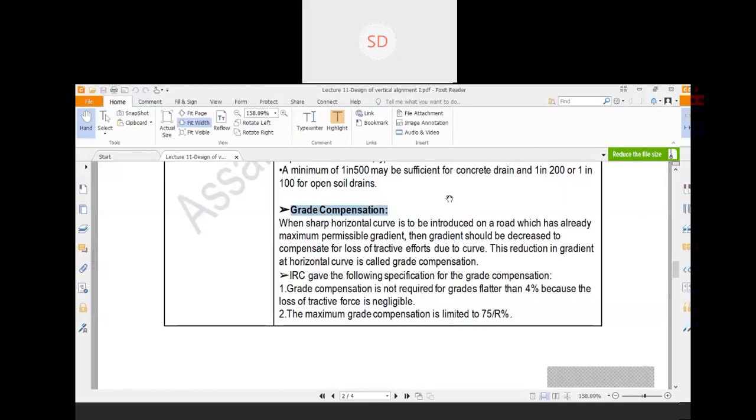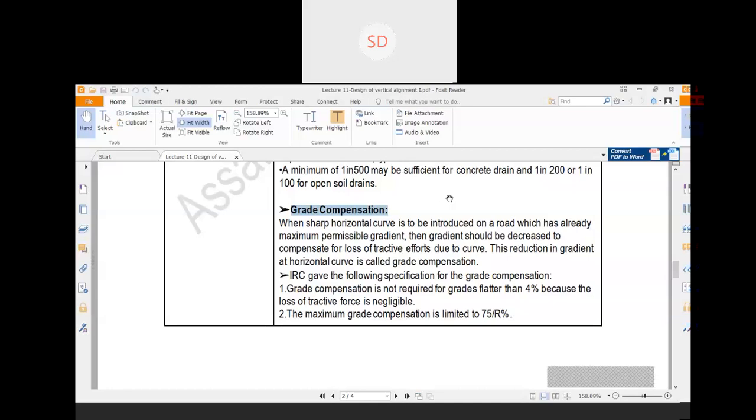So there are two things within that portion of the road: the horizontal curve is already there, and that portion has a steeper gradient, the maximum allowable gradient. If these two conditions are present over a particular section of the road, it will create a big hurdle for vehicles to overcome that section.